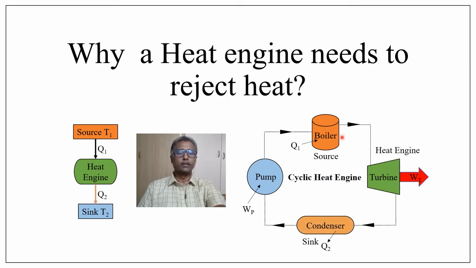Here, the turbine is a heat engine which takes heat from the boiler, rejects heat to the condenser and generates work. But why this heat rejection? That is what we are going to discuss.